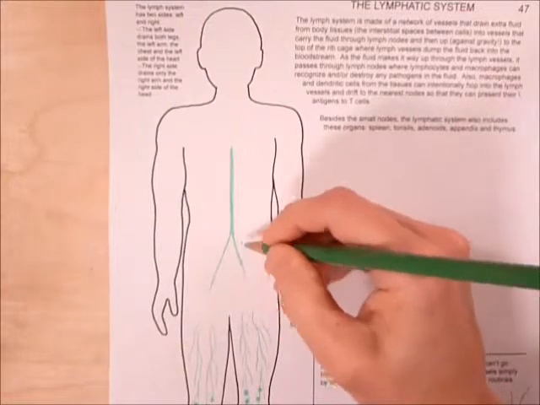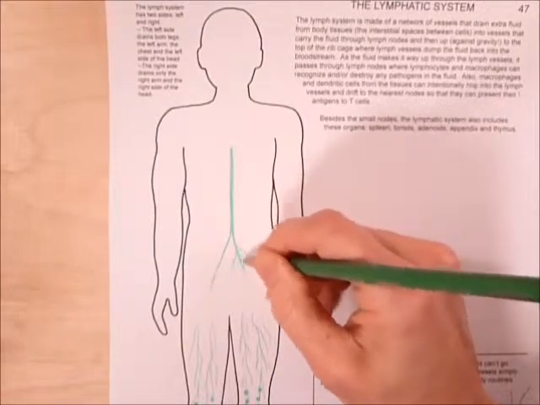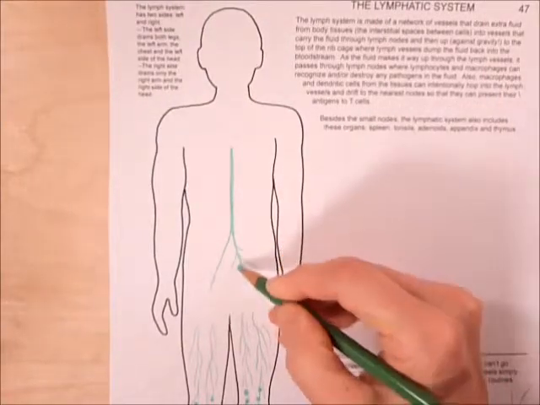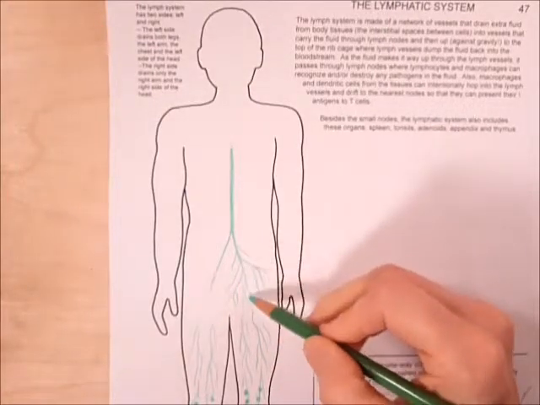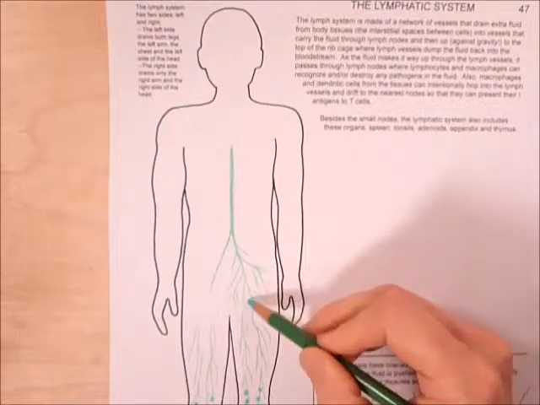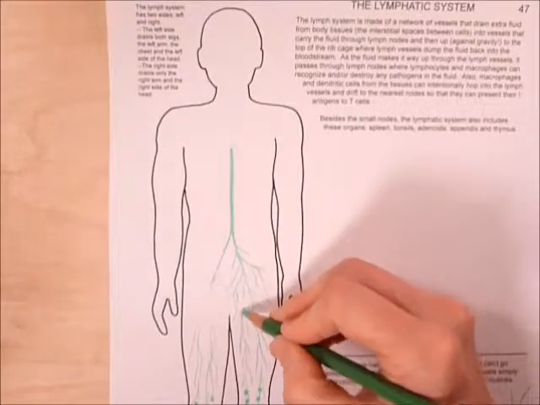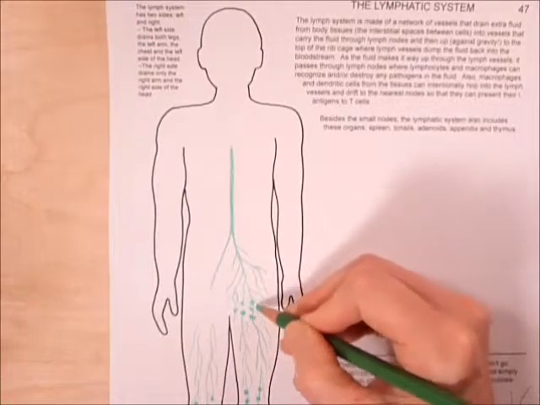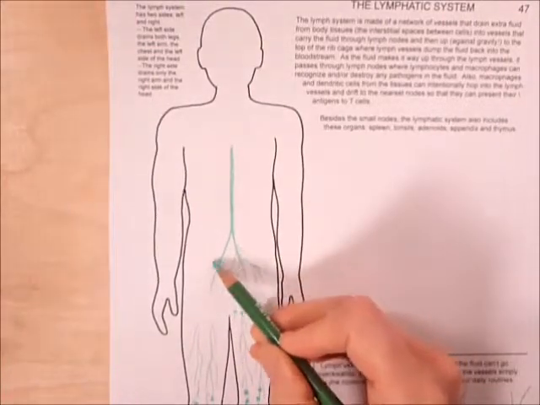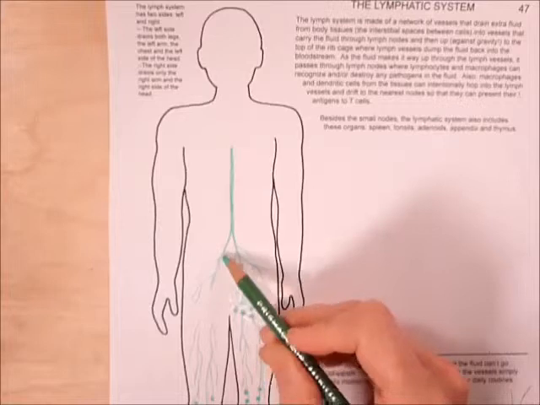Okay, and then it's going to branch all through like this, with some branches off. And you're going to find here, this is where you're going to have a lot of lymph nodes. So put a lot of dots in here. And we get the same thing on the other side.